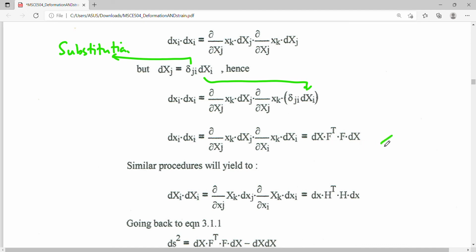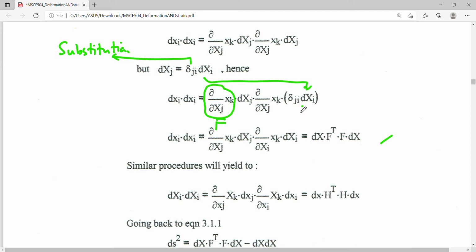Okay, and take note that we already have defined this value in the previous lecture, and this is simply F. Okay, and also this one here will be your F transpose.